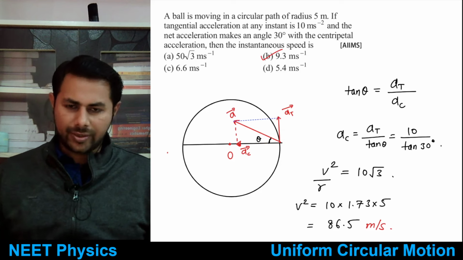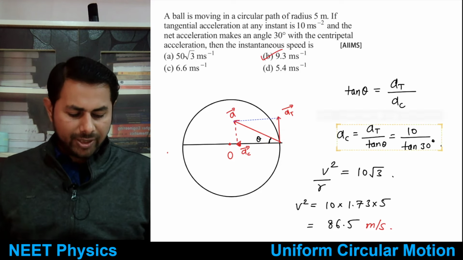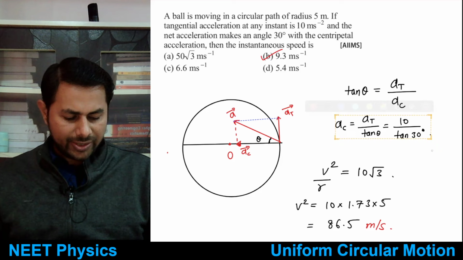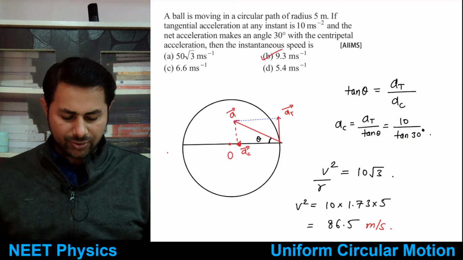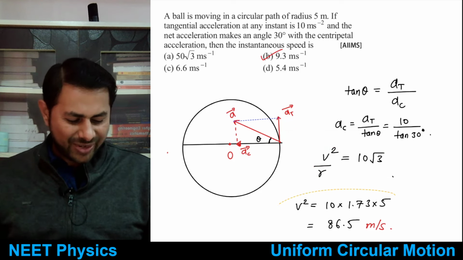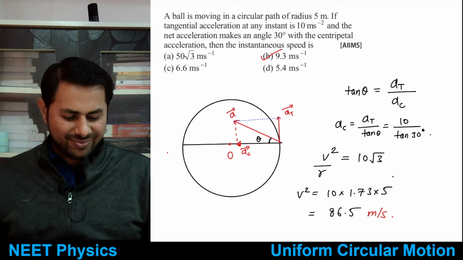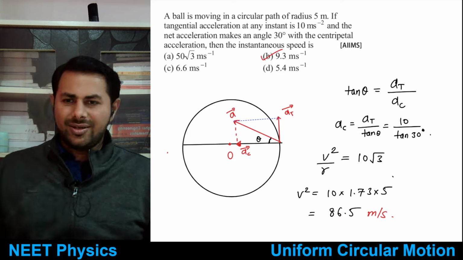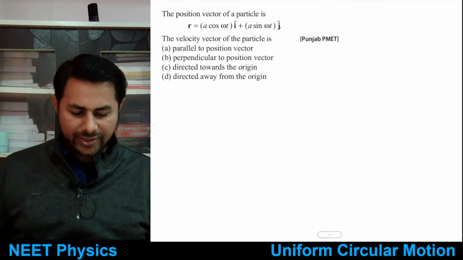Yes, sir. Okay, it's the same thing. You can save a little bit of time if you just take the ratio, right? But whatever clicks while solving the numericals. Okay, very good.